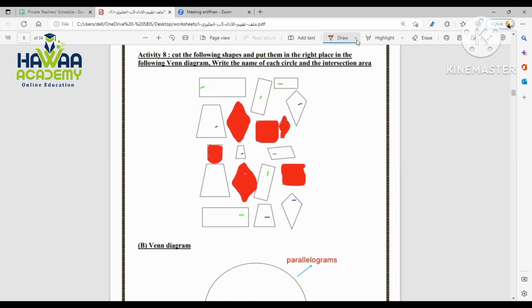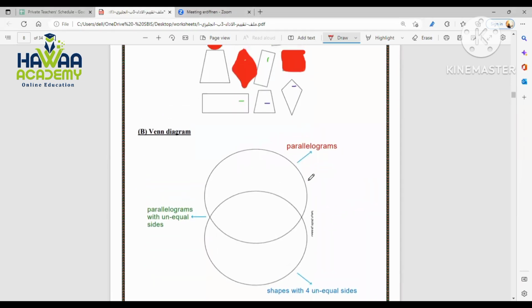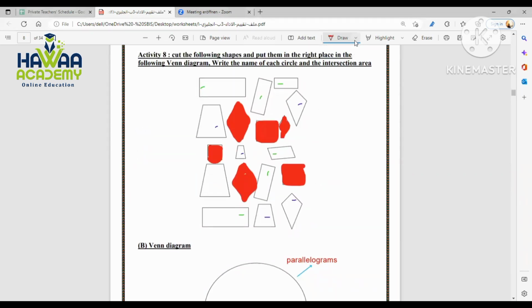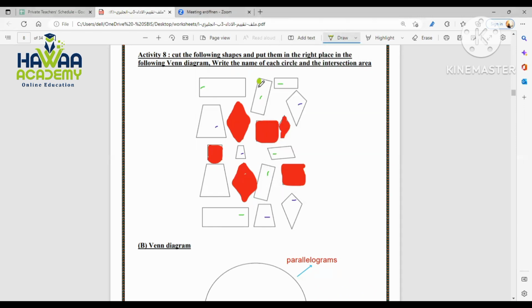Okay, the next step here is to find the parallelograms where not all sides are equal in measure or in length. It's just the rectangle here, because each two opposite sides are parallel and equal in length, but not all of them are the same length.